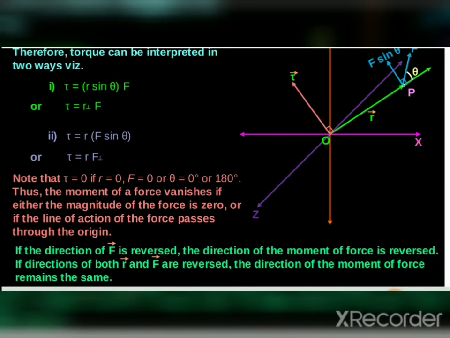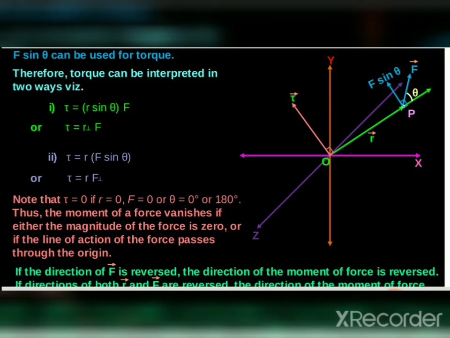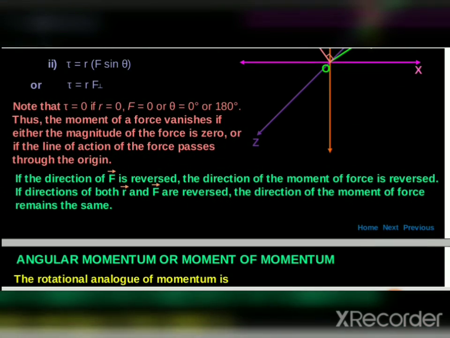So note that your torque is 0 if r is 0 or F is 0 or theta is 0 or 180. The moment of the force vanishes if either the magnitude of the force is 0 or the line of action of the force passes through the origin.